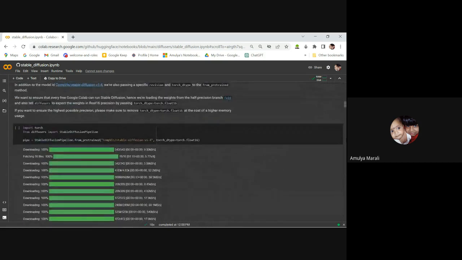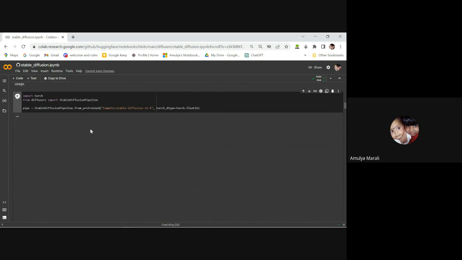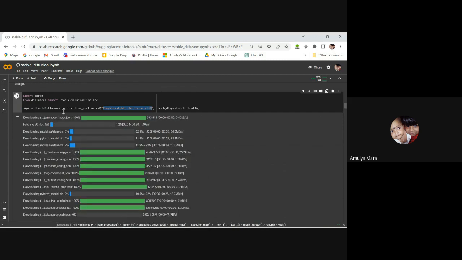Any question? Okay. Now, coming to the diffusers. So diffusers have multiple Stable Diffusion versions in their pipelines. So we will be using this version of Stable Diffusion, and we'll be loading it into something called pipe, which is the pipeline or a model that holds this whole Stable Diffusion version 1-4.